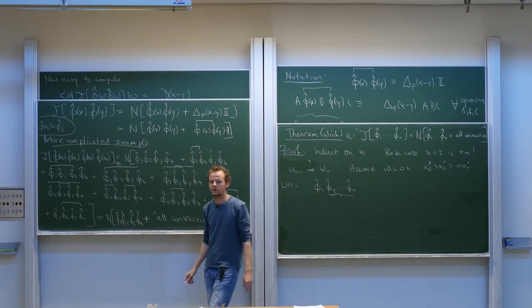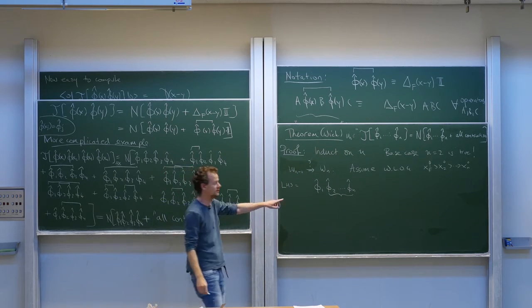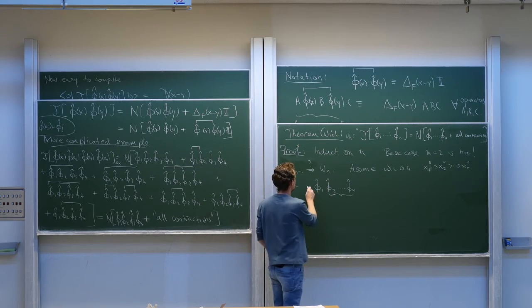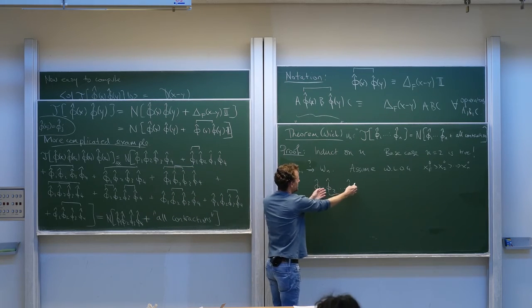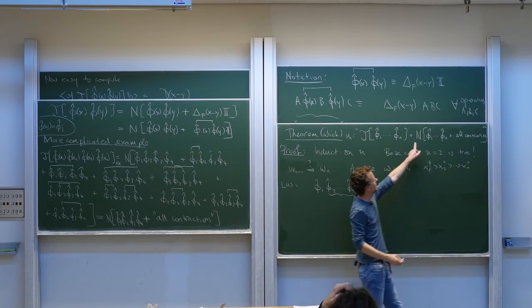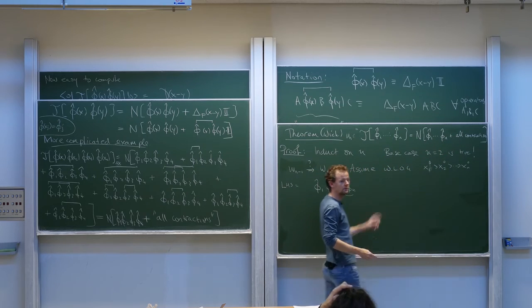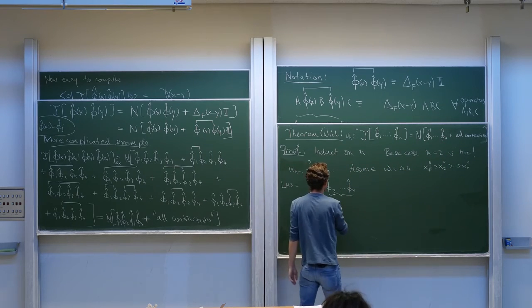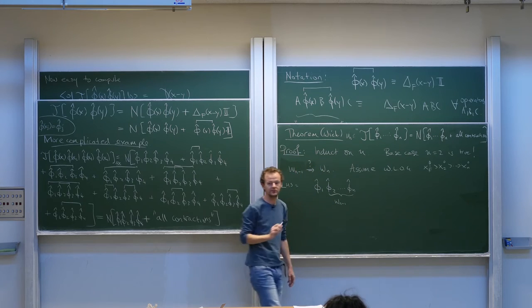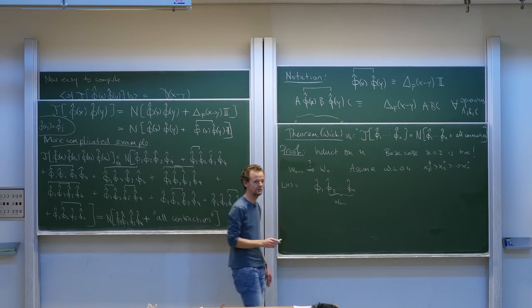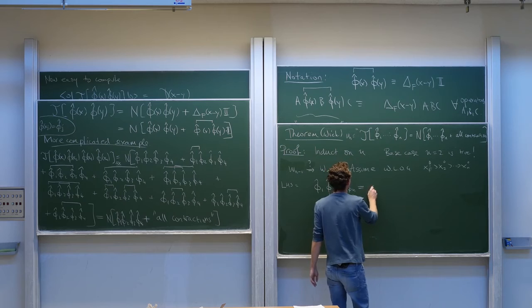And we're going to use the inductive hypothesis right there. We're going to use the inductive hypothesis to replace this, which is in time order, via Wick's theorem into something involving normal orders and contractions. That's the statement Wn minus 1. That's where we're applying it. We're using the inductive hypothesis right there.